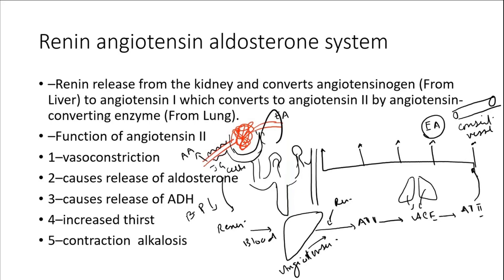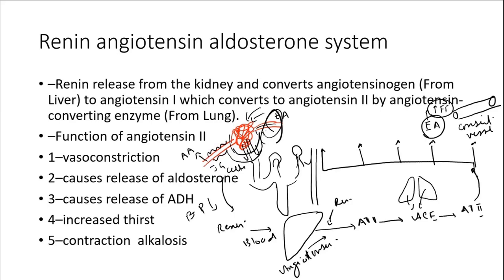So when you constrict this vessel, there will be a back pressure increase in the glomerulus because you are constricting the outflow of glomerulus. So that will result in increased filtration fraction.